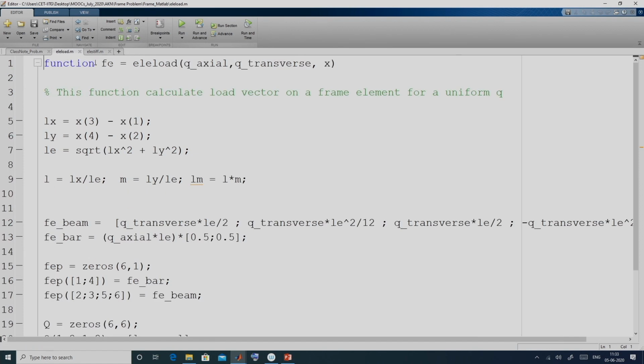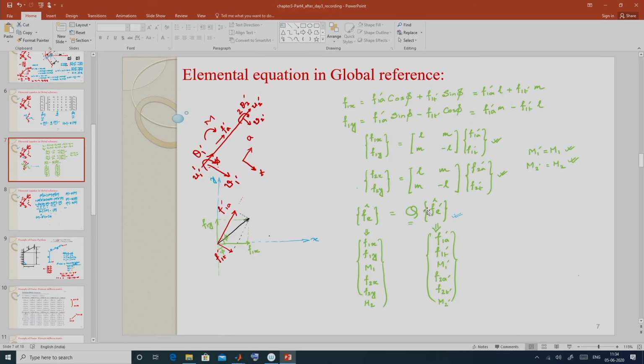The other function LE load calculates the element load vector if there is distributed load. For distributed load in frame problem, we have to calculate this element load vector Fe prime. Then we have to do this transformation to get our Fe, which are the components in global reference frame.